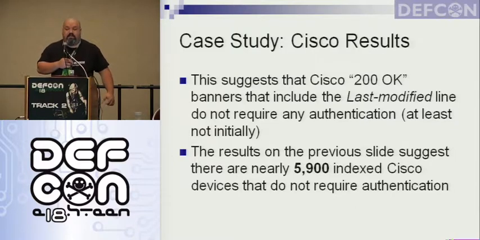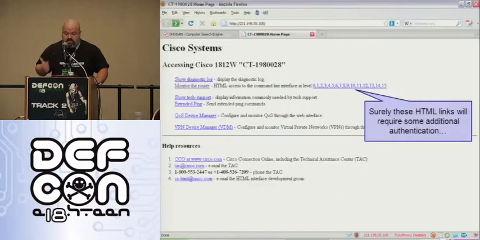In fact, we really have about 5,900 Cisco devices as of last night, publicly facing on the internet, that require no authentication at all to view, change configurations, do whatever you want. You've already owned them. So let's take a look at one. Many of you will recognize this is a Cisco switch, and this is the HTML interface.